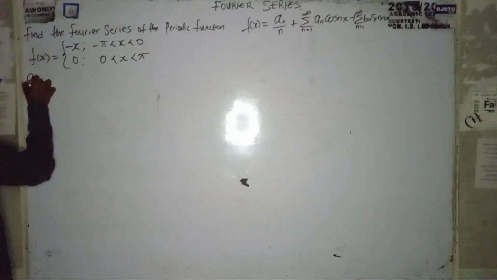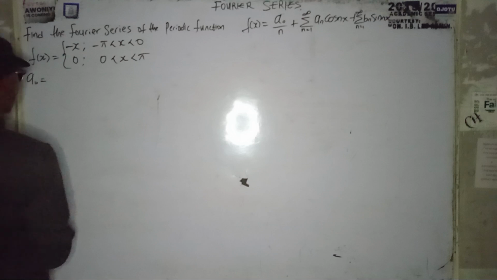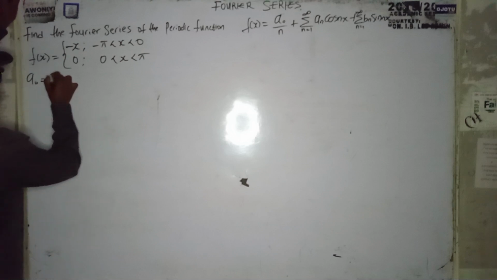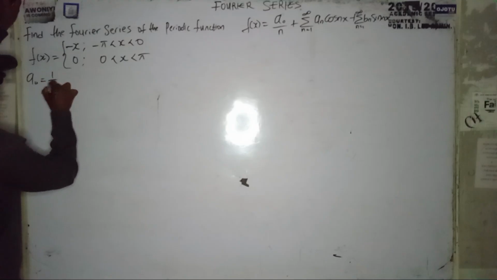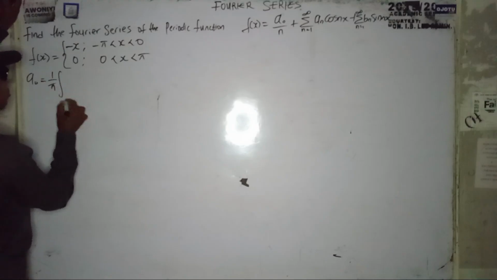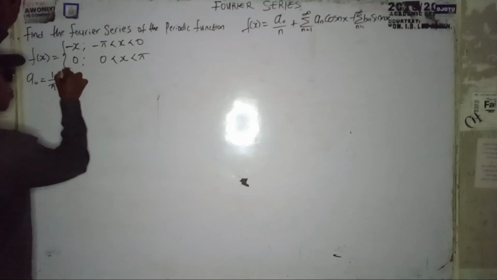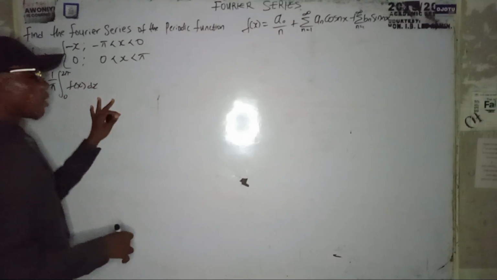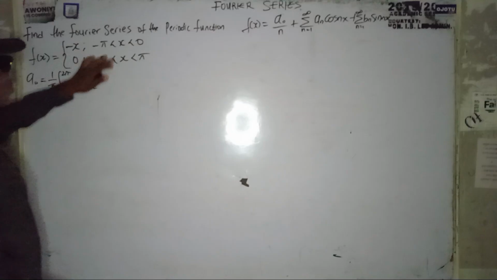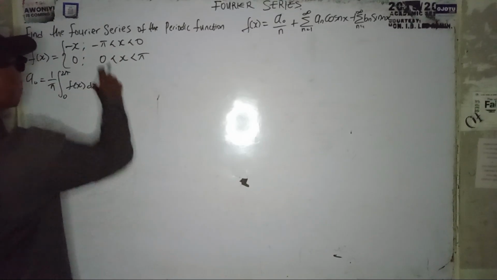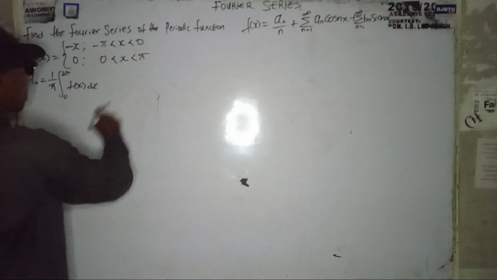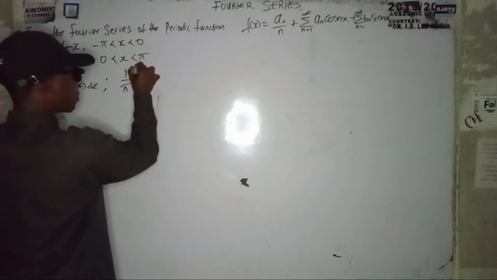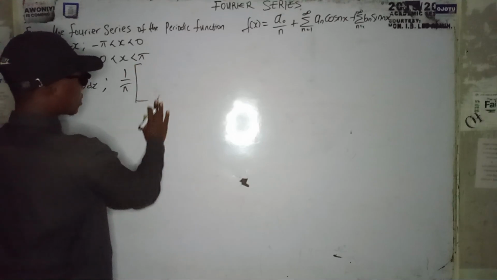Now our constant a naught is equal to 1 over pi times the integration from minus pi to pi of f of x dx, which is the normal formula. But now it is broken down into two different parts: we have minus pi to 0 and we have 0 to pi. So this will be equal to 1 over pi, with a big bracket.